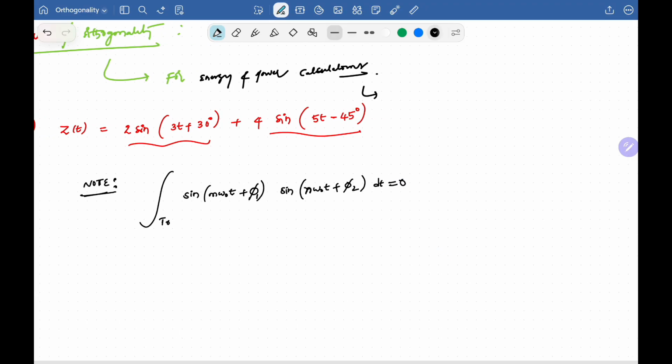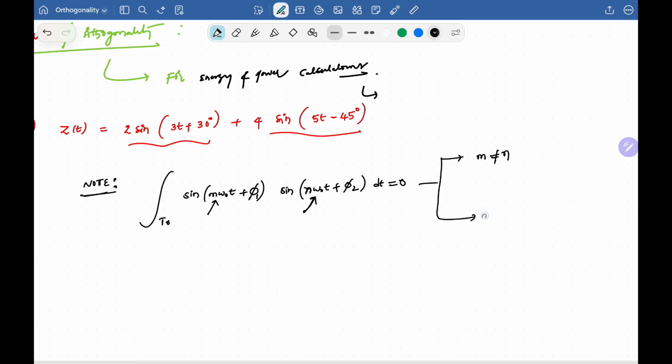Only if they are orthogonal can you find the power. They are said to be orthogonal when one condition holds: m should not be equal to n, that is, the frequencies should not be equal.